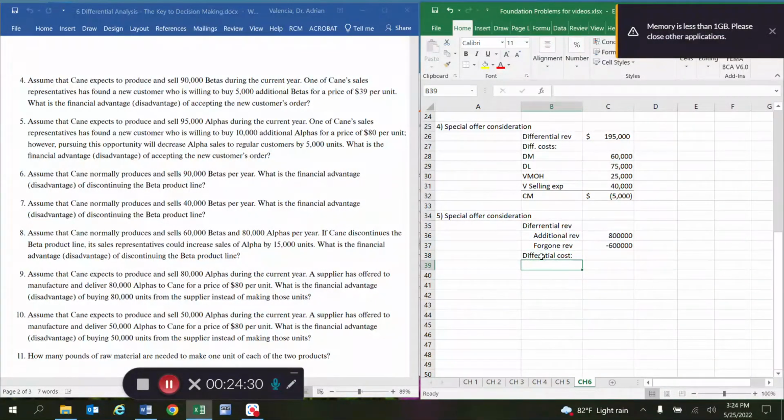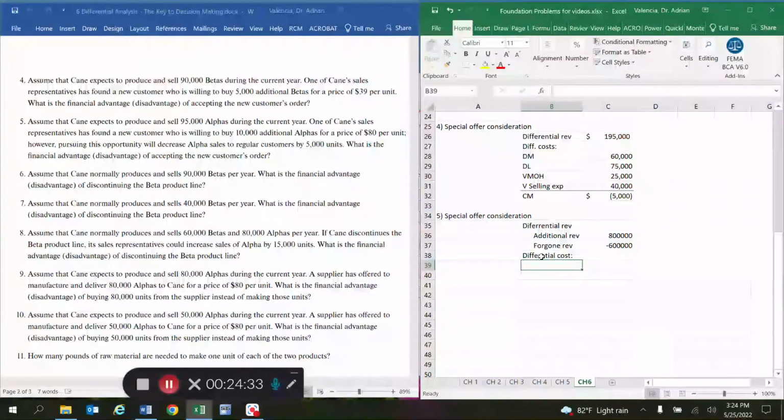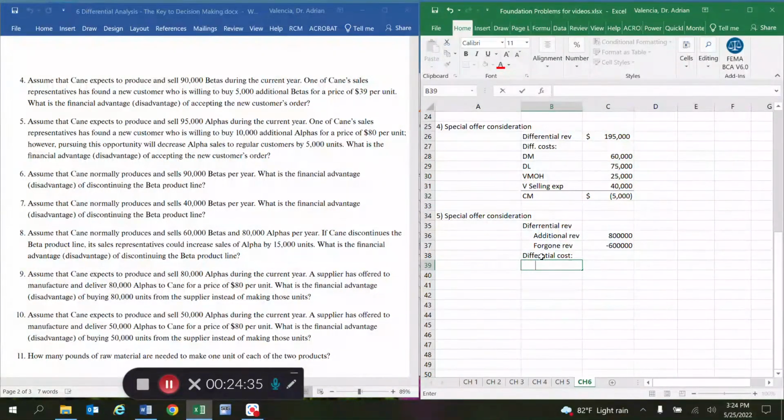Okay, so the first thing we need to think about is if we go ahead and take this job on, we're going to have direct materials, direct labor, variable overhead just in the same way as before, and variable selling expenses. But here's the thing that you have to be careful with.